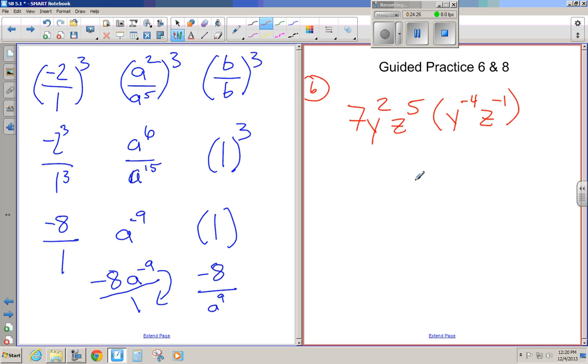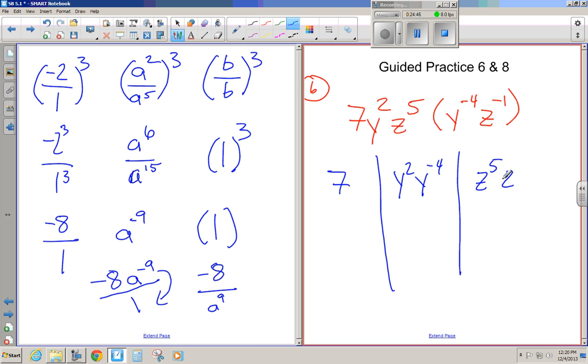And I'm going to group similar things together. I'm going to have the 7 be off by itself. I'm going to put y squared and y to the negative 4 all by itself. And I'm going to put z to the 5th separated from z to the negative 1. Because each individual piece is doable.